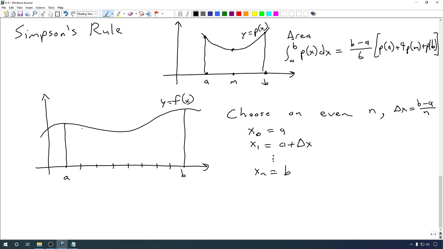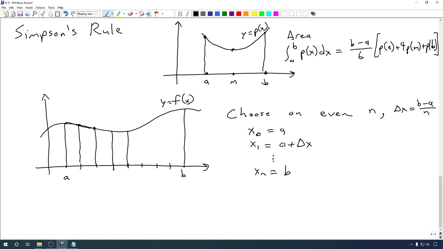But now, instead of just saying this first part is going to be approximated by some formula, we're going to have to take these first 3 points. We take those 3 points, we find some parabola that passes through them, and find the area under that parabola. Then we take the next 3 points.